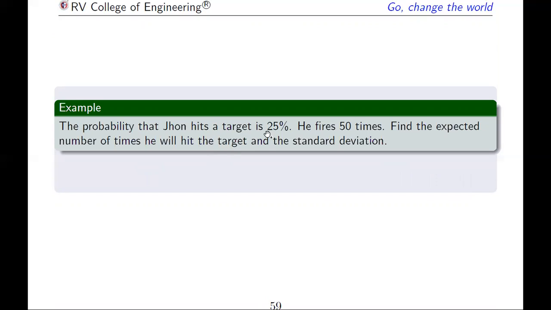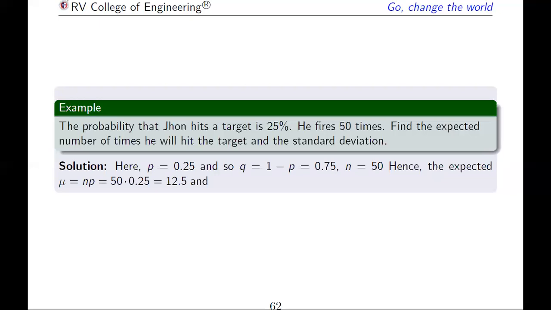If we consider that as p, which is equal to 0.25, and hence q will be equal to 1 minus p, which is 0.75, and n equal to 50. So the expected mu will be n times p. We've obtained that as 12.5, and the standard deviation square root of npq, which amounts to 3.06.